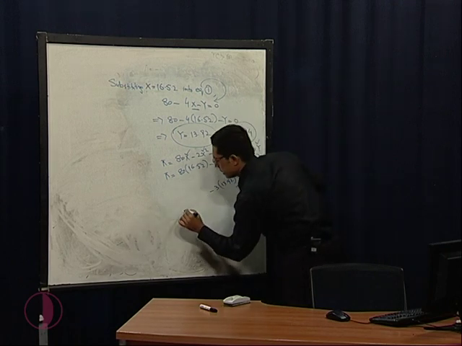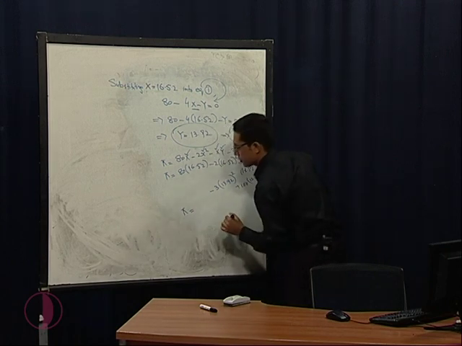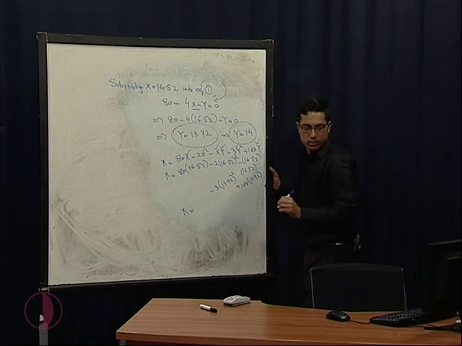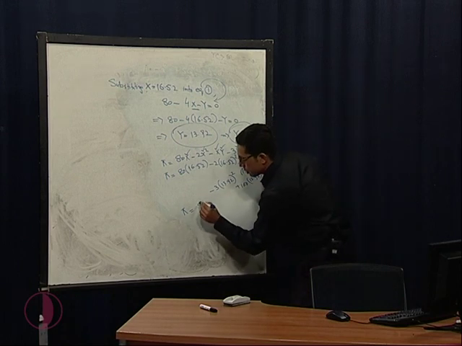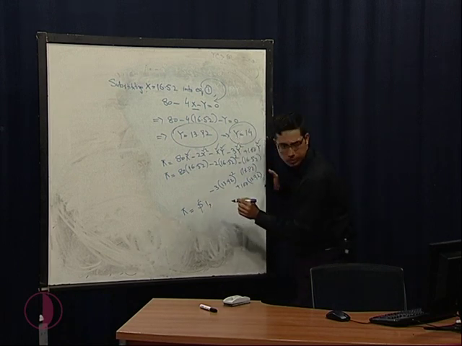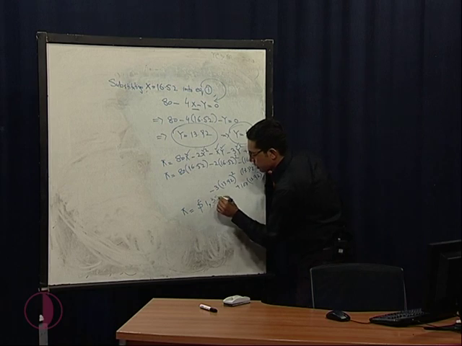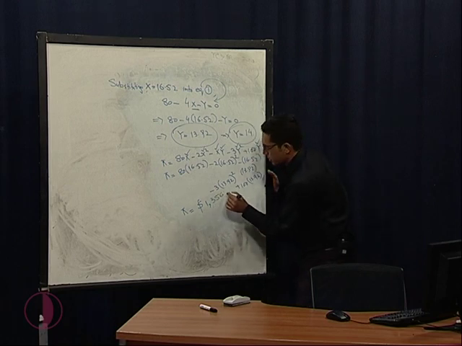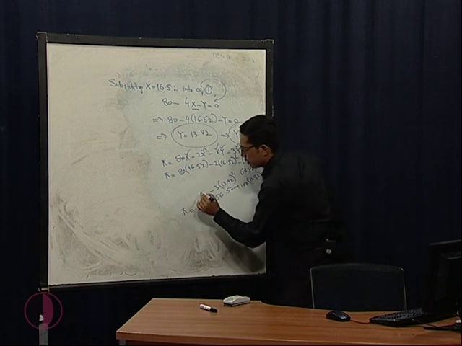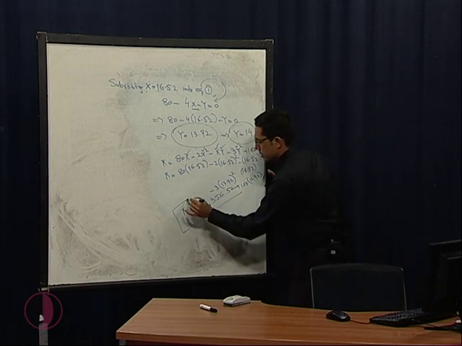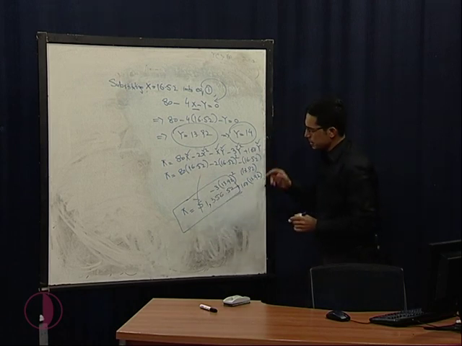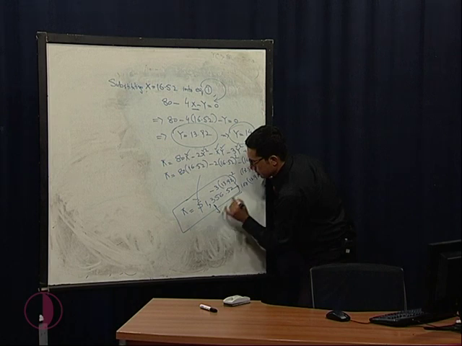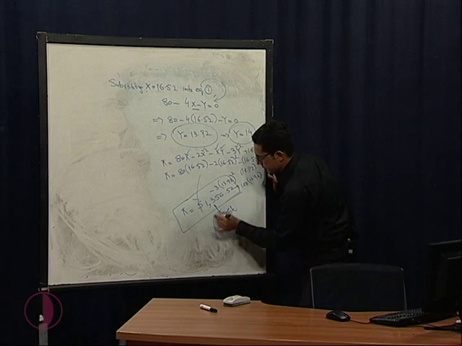When we solve this expression, we can get the value of profit as $1,356.52. This is the value of profit. This is the maximum profit that the business firm earns.